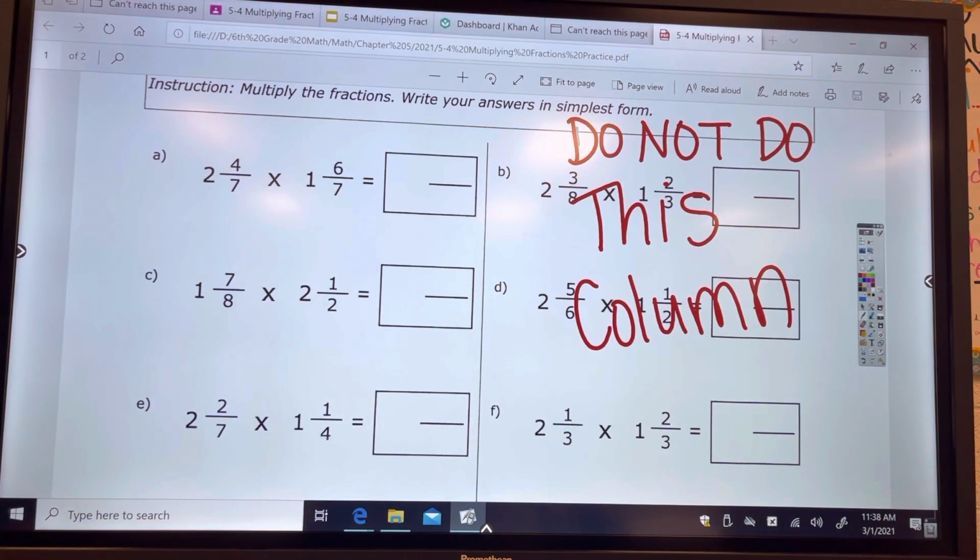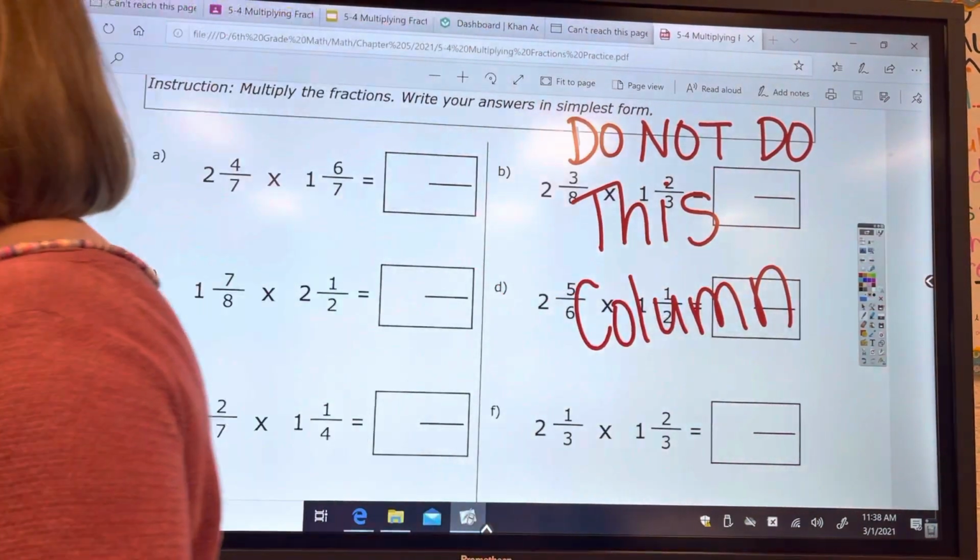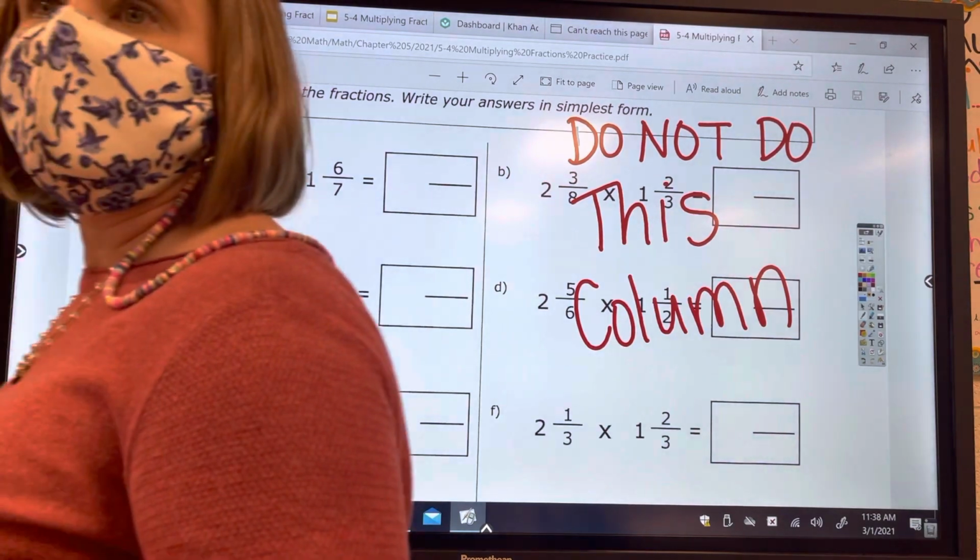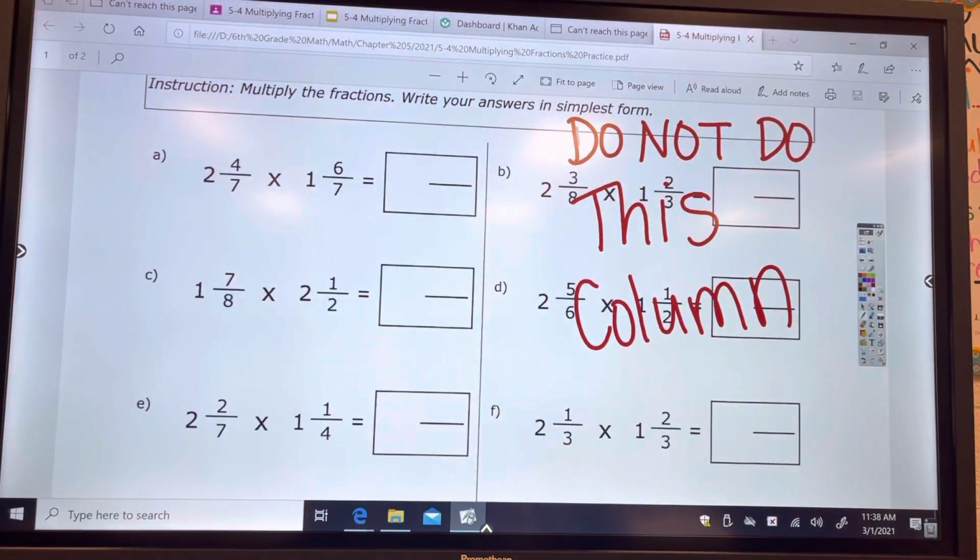You don't have to do the right column, so use the left side. We're only going to do the left side, okay? Which means that you have 6 to do, okay? Because I really, really, really want you to work on one of those today, whether you do it 5th period, whatever you do it, I want you to work on one of those today, okay?